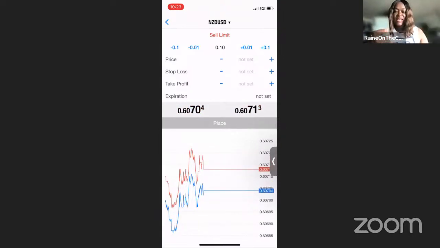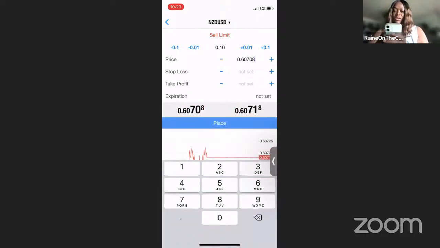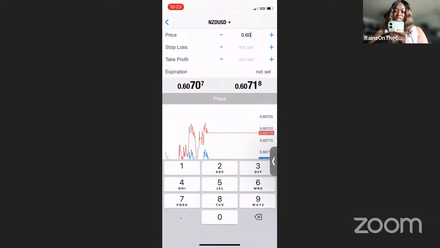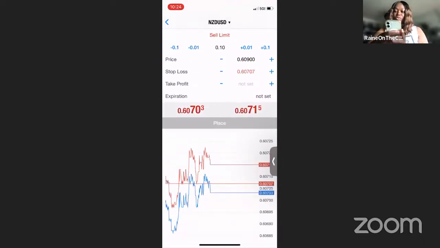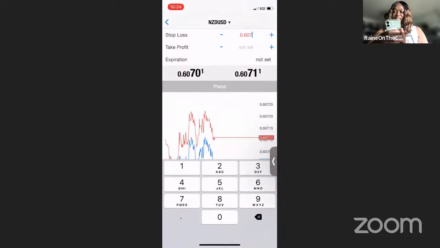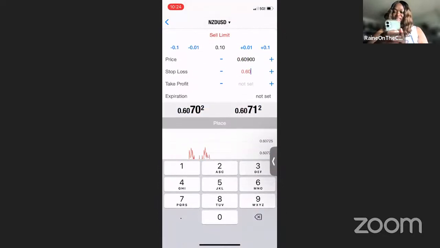So let's say we want to enter at 0.609. Stop loss will need to be above that. So entry price, stop loss price, sorry, can be 0.61.